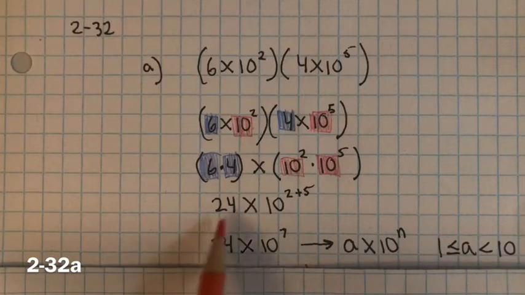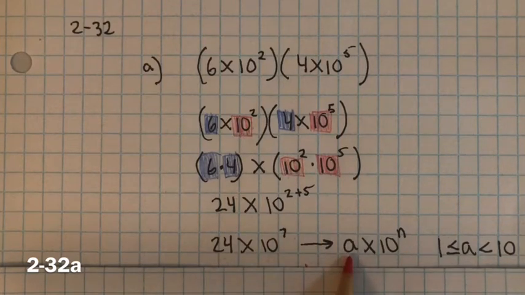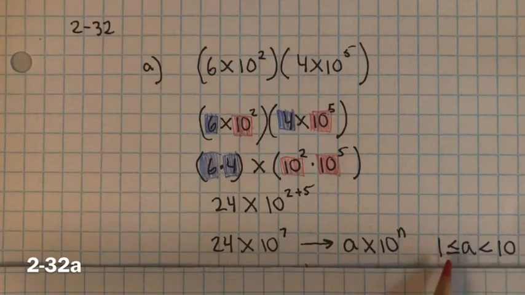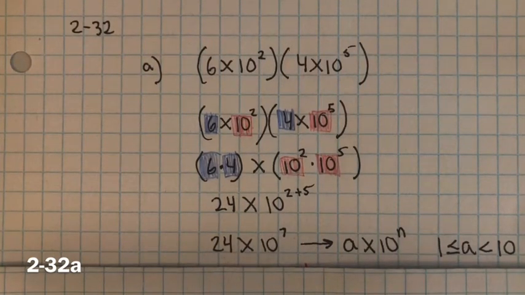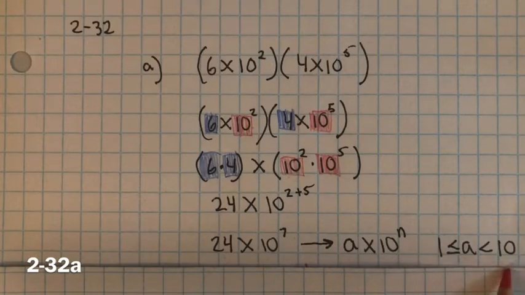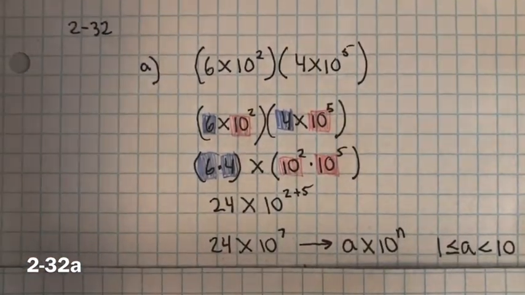Now, this looks like it's in scientific notation, but in order to be in scientific notation, the A term has to be greater than or equal to 1, but less than 10. Well, 24 is definitely greater than 1, and it's greater than 10. So we have to decrease this value of 24.